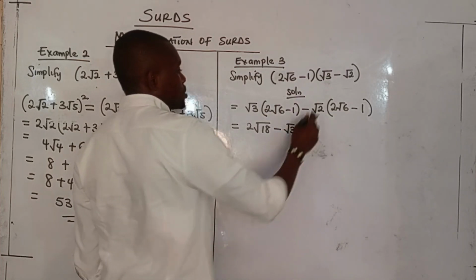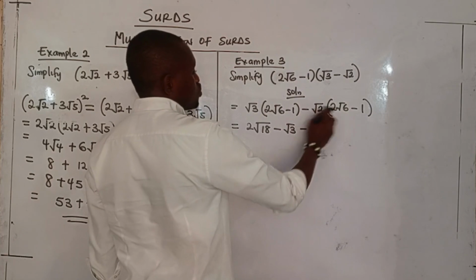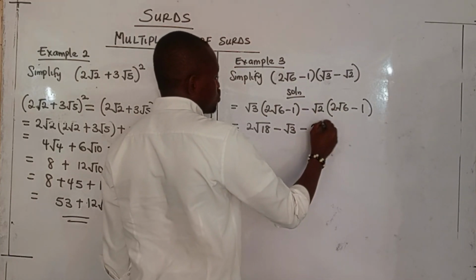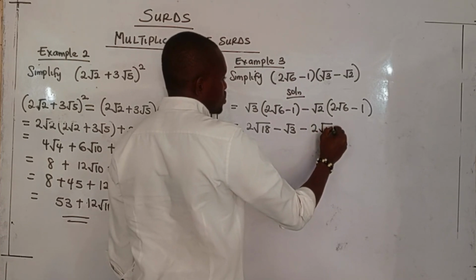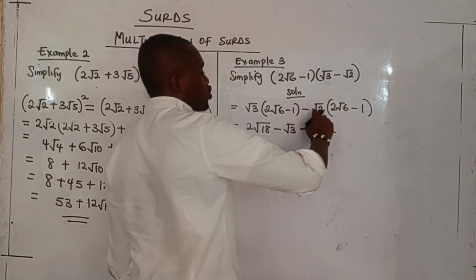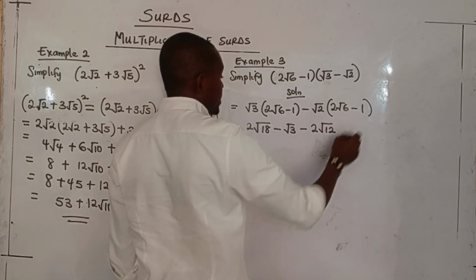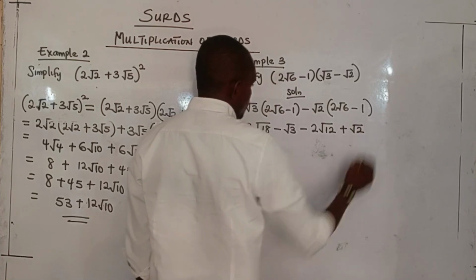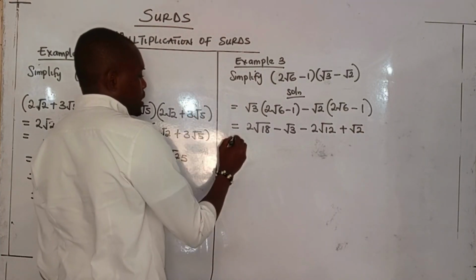Then minus this 2 times this will give us 2 times 6 will give us 12. So we are going to have 2 root of 12. Then because there is a minus outside, minus root 2 times minus 1 will give us plus root 2.